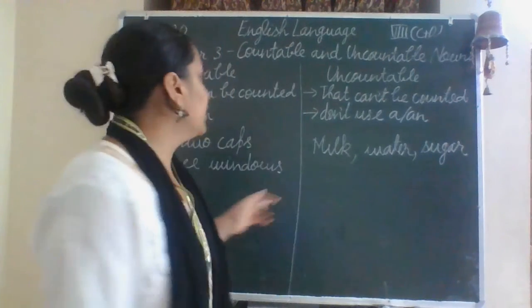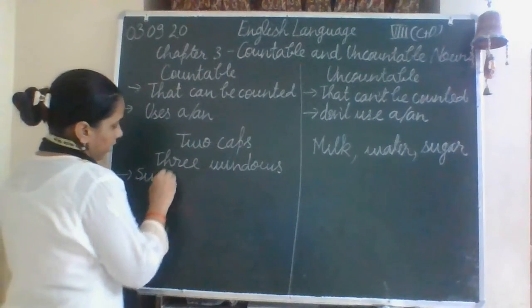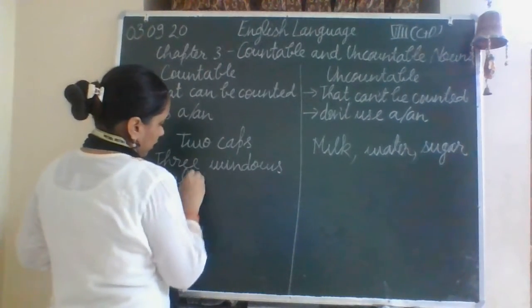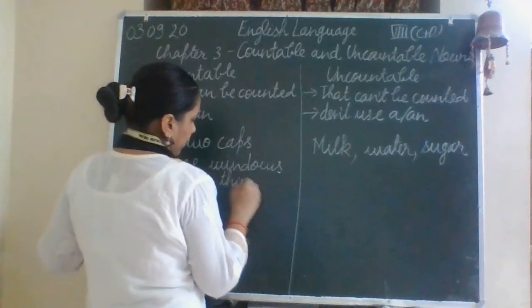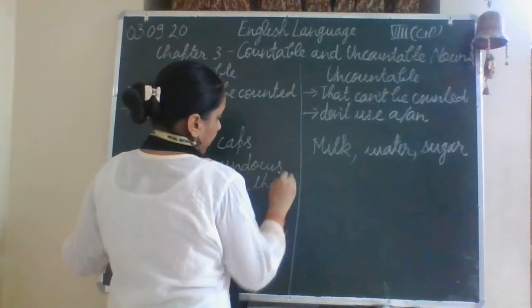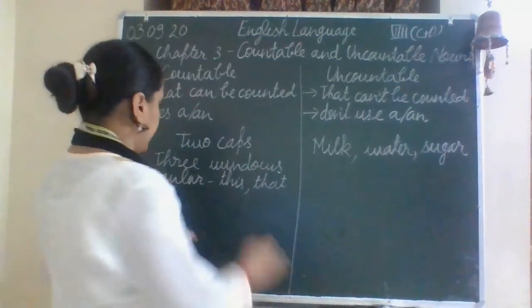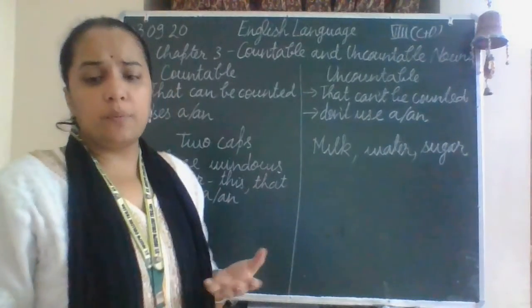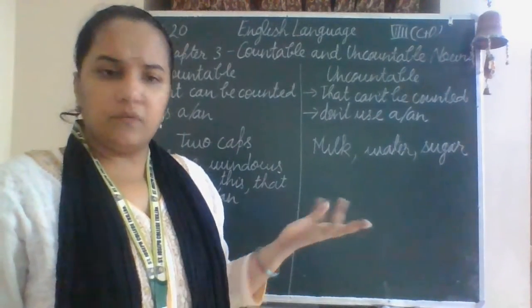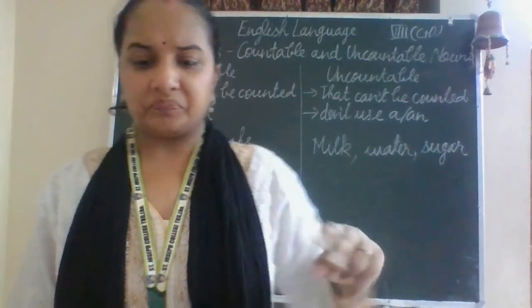So whenever we are using the singular countable noun, we can use this, that, a, and so many others. We can use also the possessive pronouns here.